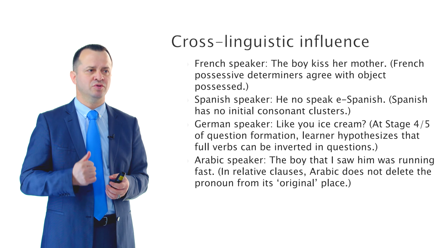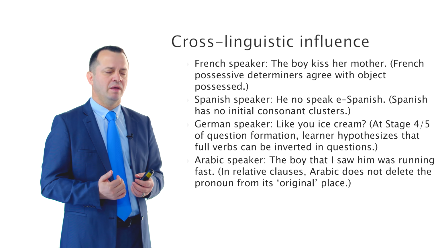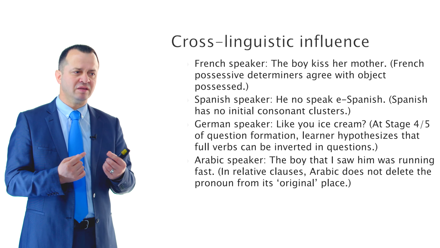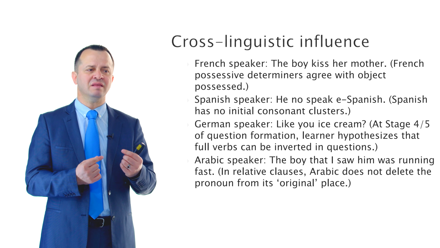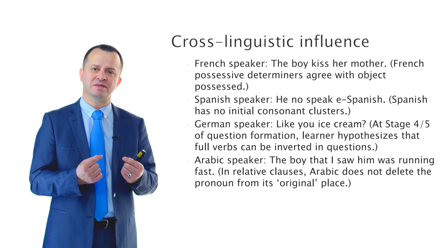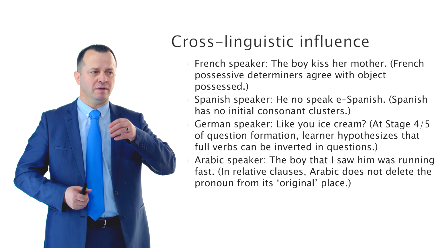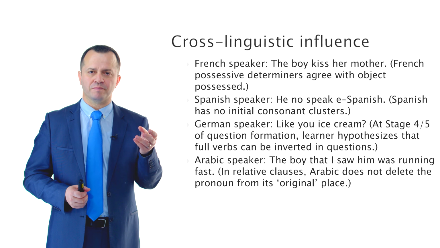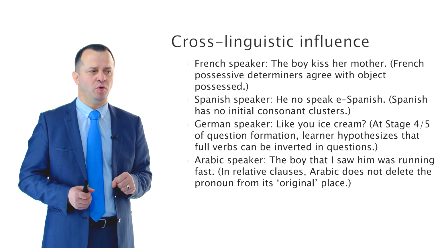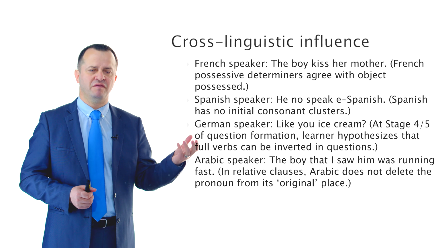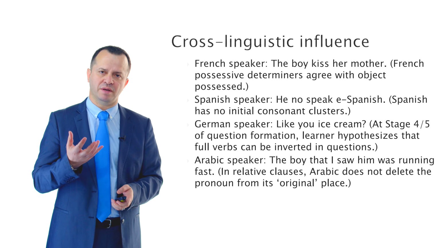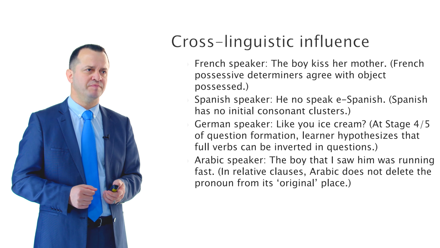That's why he's using like you ice cream. An Arabic speaker, in relative clauses, Arabic doesn't delete the pronoun from its original place, whereas in English you remove it. So they say the boy that I saw him was running fast. This is a typical Arabic linguistic property. Okay.